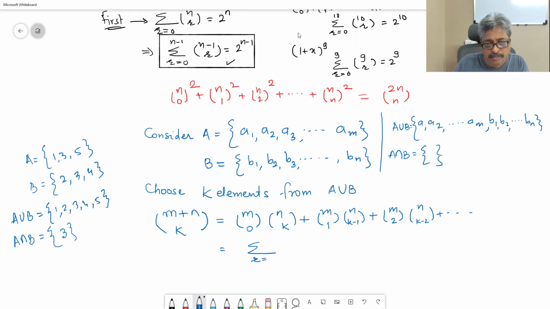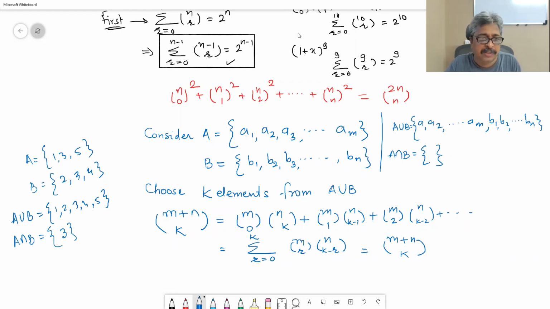R goes from 0 to k. You are supposed to choose maximum k elements. First is going to be m choose r, n choose k minus r. Summation of this from 0 to k is going to be equal to m plus n choose k.